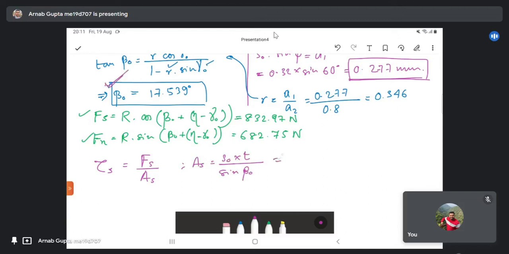If we simply substitute here, we get tau s as close to 196.11 Newton per mm square. We need to be careful about the units here. S naught and T are given in mm, so this will be mm square, and Fs is in Newton. So 196.11 Newton per millimeter square, or megapascal. You can also write it as megapascal.